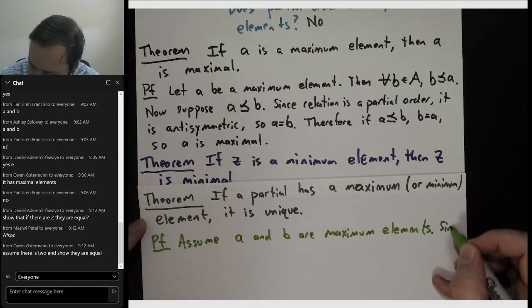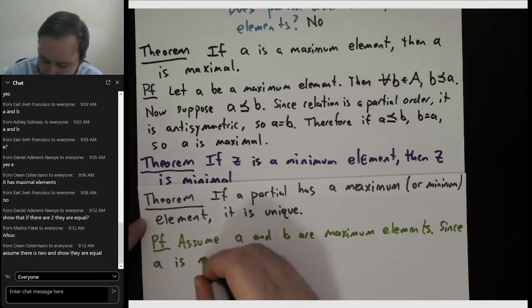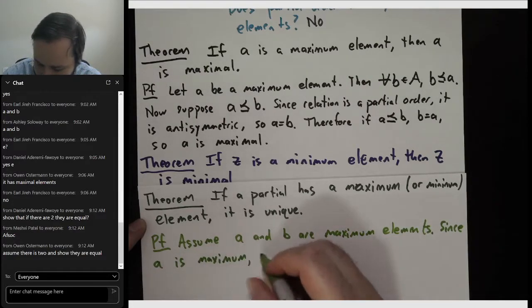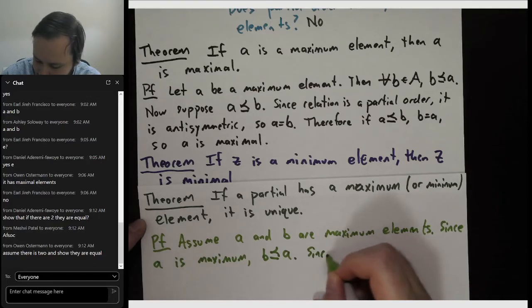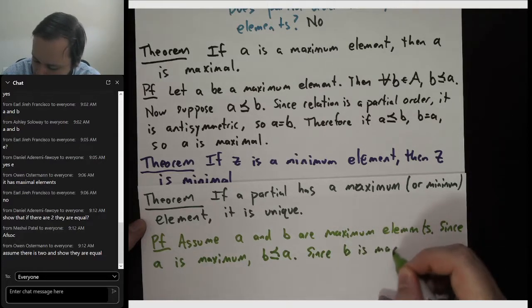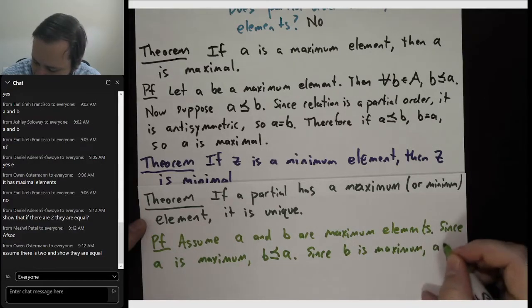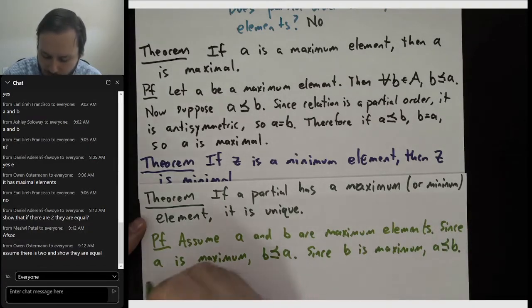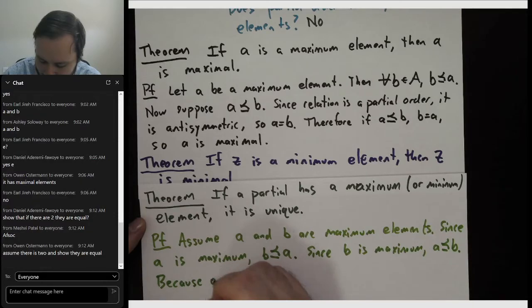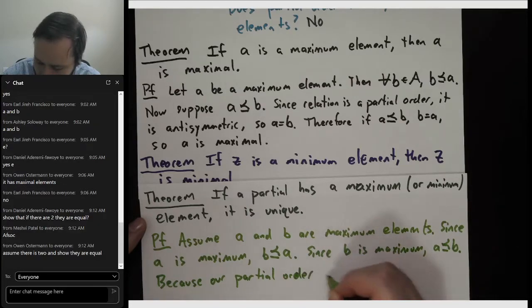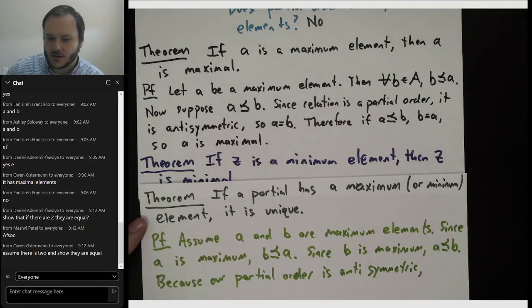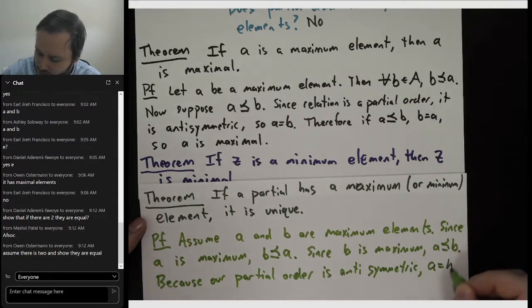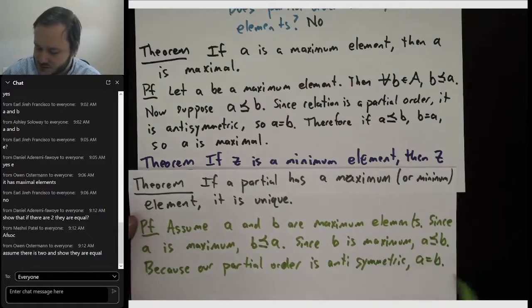So since A is maximum, B has to be less than or equal to A. And since B is maximum, A is less than or equal to B. And because our partial order is anti-symmetric, that must mean A is equal to B. The only way you can have this going in both directions is if they're equal.